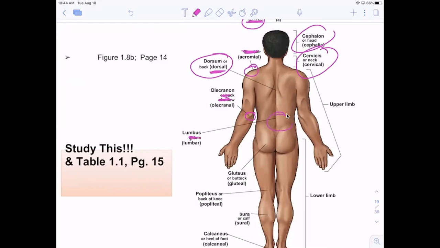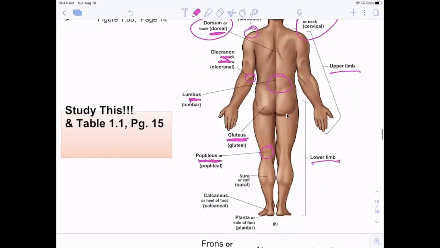Lumbar or lower back is your lumbus. It's your upper limb, that's your lower limb. Most of you guys know that your butt is referred to as your gluteus. Back of your knee, less common, it's the popliteus. Now, the lower part of your lower limb is your crus, but the back is your sura or calf.